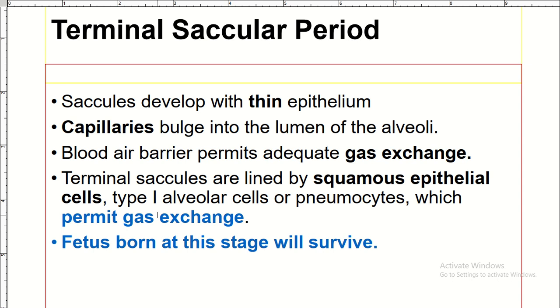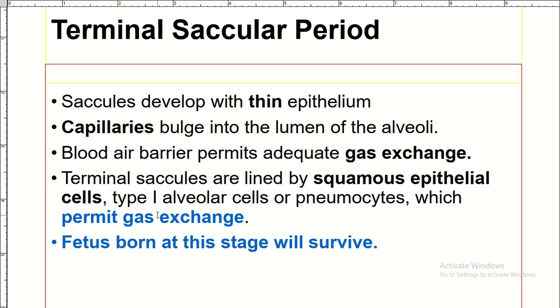So you're going to have two kinds of cells lining your alveolar surface. You're going to have type 1 pneumocytes that are going to be squamous, right, or flat. These are the ones that are responsible for gaseous exchange, and they occupy about 97% of the surface area of the alveoli.